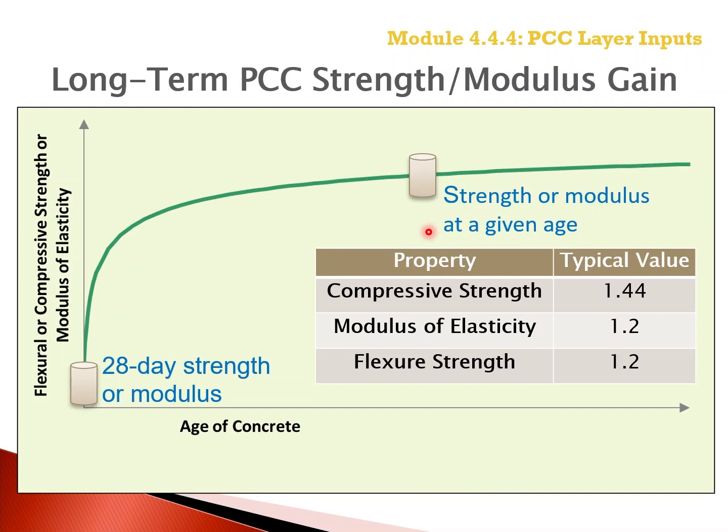The PMED software also includes the ratio of the 20-year to 28-day compressive strength, flexural strength, and modulus of elasticity that is used in calculating the values over the design period for rigid pavement design.